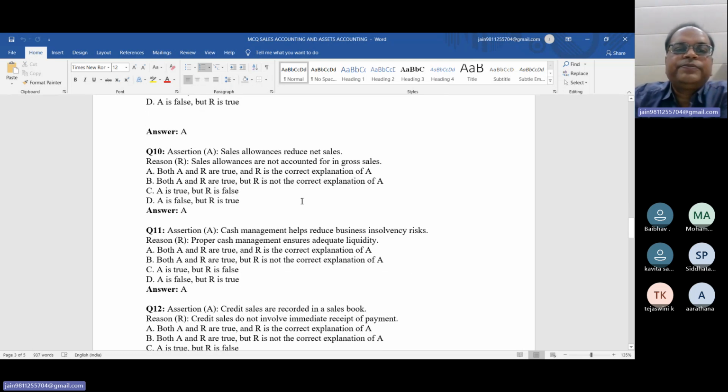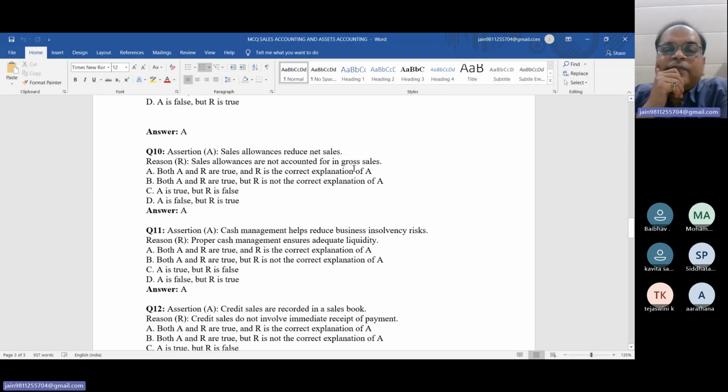Now check the next question. Assertion and reason are given. Sales allowances reduce the net sales. Definitely yes. Reason: sales allowances are not accounted in the gross sales.